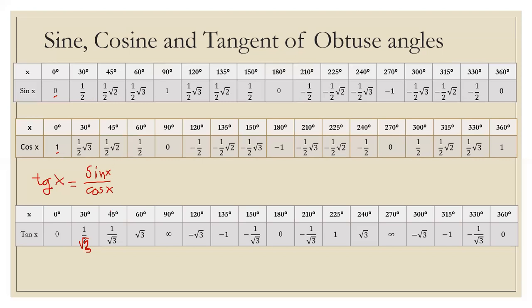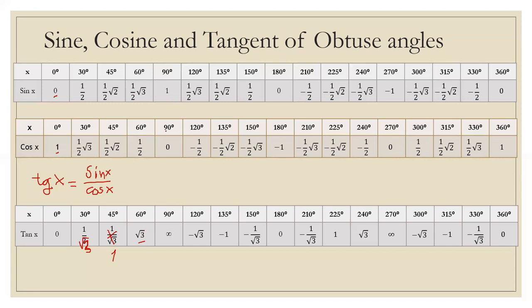For tangent 45, it is 1, because a half square root 2 divided by a half square root 2 equals 1. For tangent 60, a half square root 3 divided by a half equals square root 3.